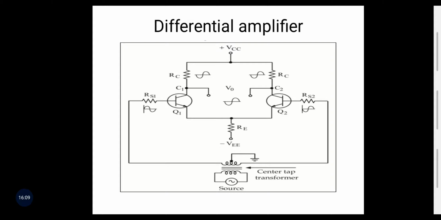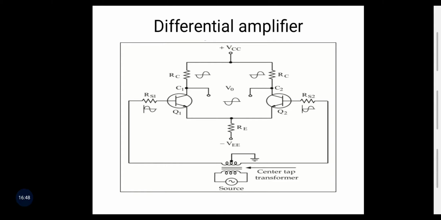Next, let us see in the diagram the basic building block of the differential amplifier and its working principle. The figure shows the circuit diagram of an emitter coupled differential amplifier. Here the two amplifiers are emitter coupled, that is common collector configuration.